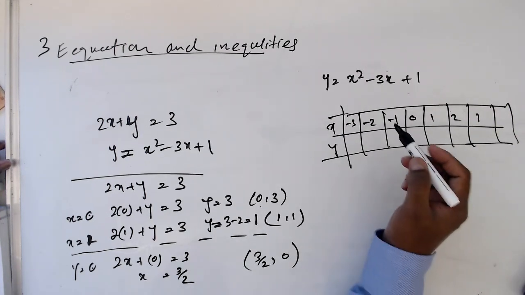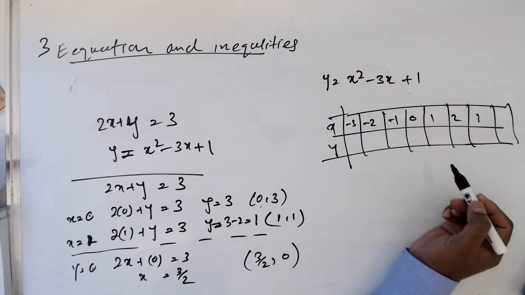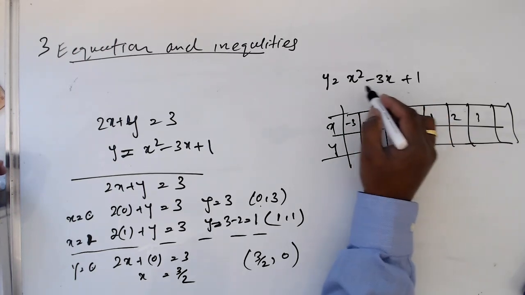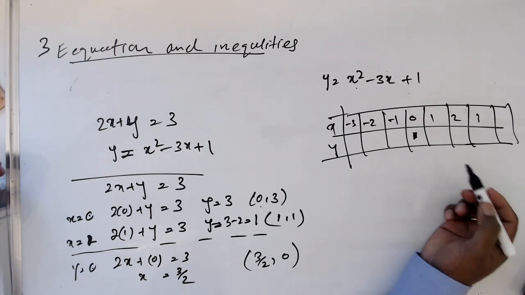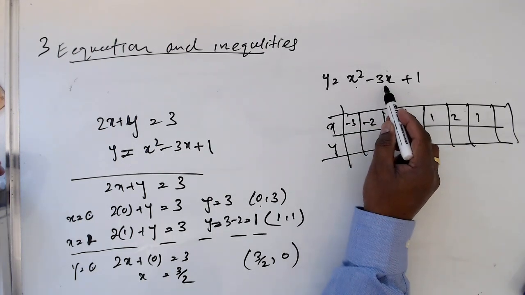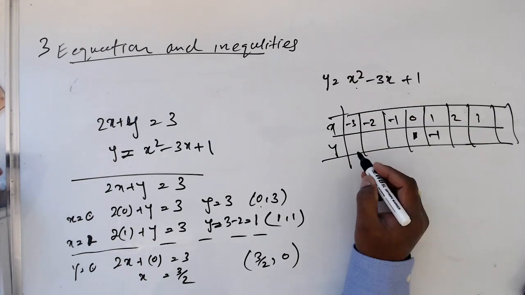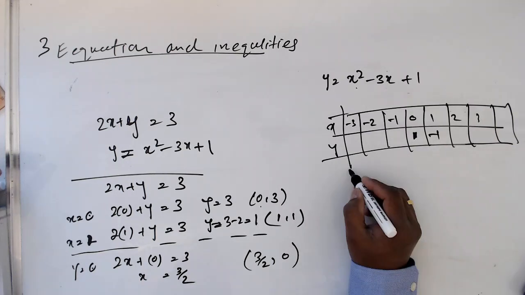Then you can substitute those values. The easy one is when x equals 0, those two terms become 0, y equal 1. When x equal 1, 1 minus 3 plus 1 is minus 1. Likewise you have to find the values, then you will get the coordinates.